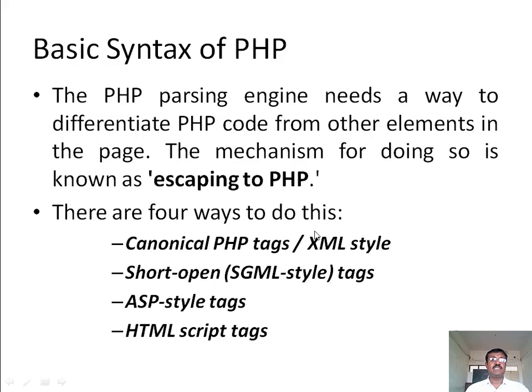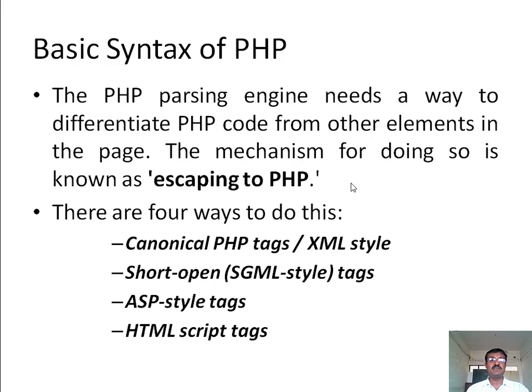The PHP parsing engine needs a way to differentiate PHP code from other elements in the page. The mechanism of doing so is known as escaping to PHP. As we know earlier, in any web page we have HTML code and some client-side scripting like JavaScript, and even some server-side scripting like PHP.